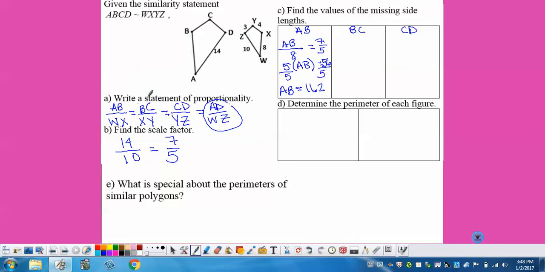For BC, we know BC goes over XY. XY is 4, equals our scale factor of 7 over 5. So 5 times BC has to equal 28. If we divide both sides by 5, BC equals 5.6.